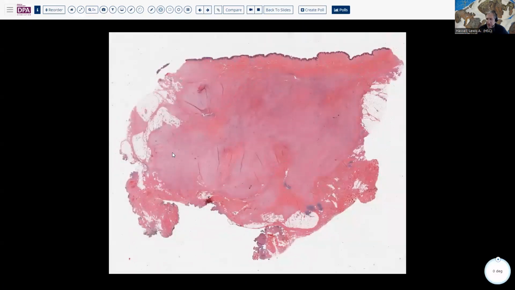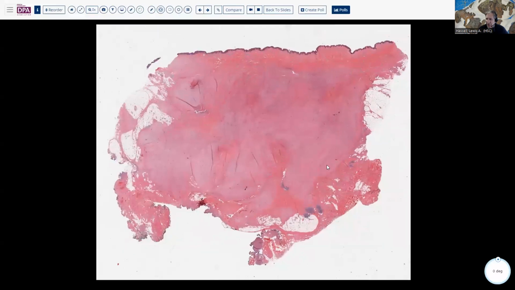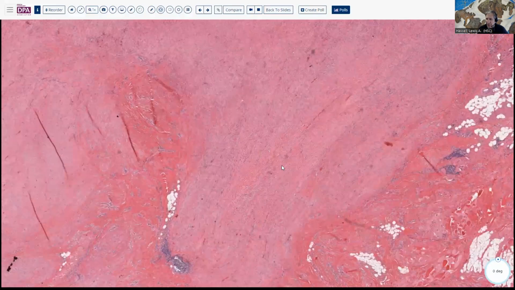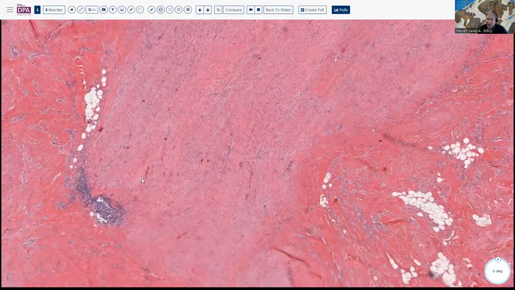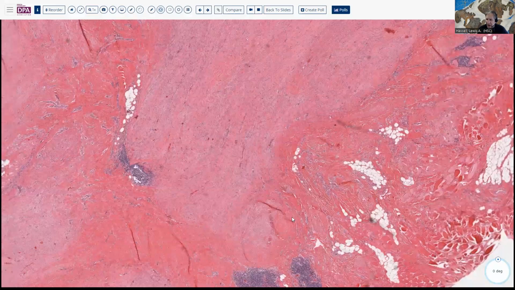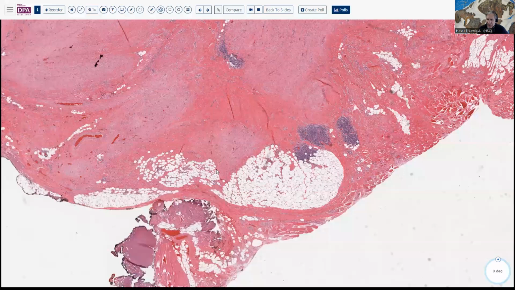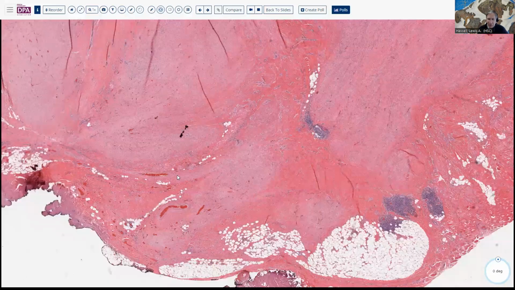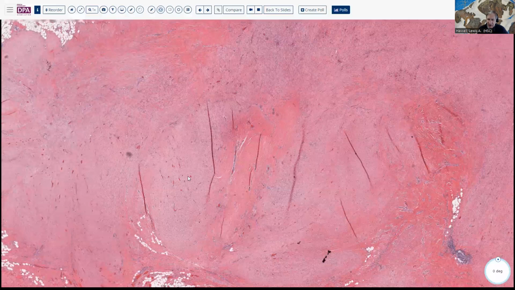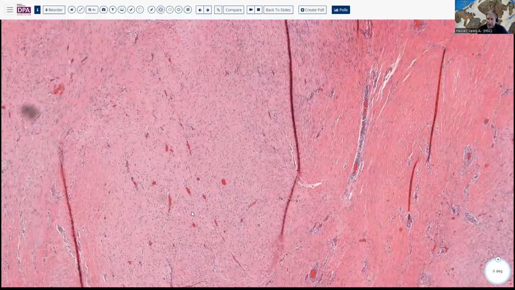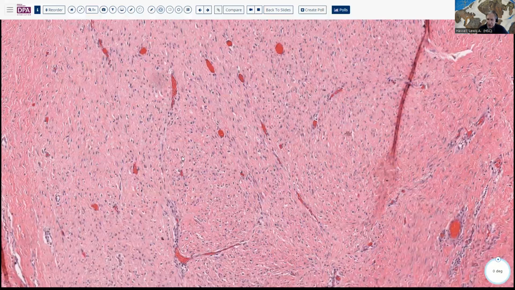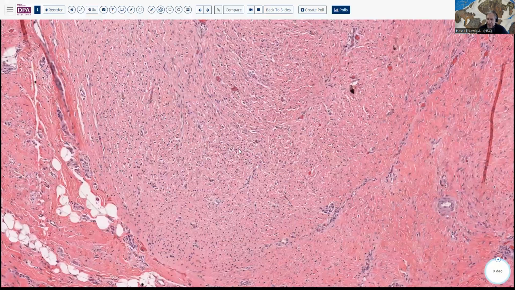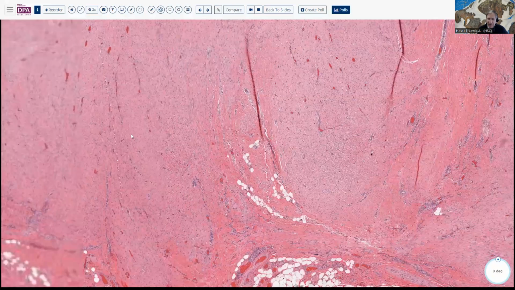Here's one in the subcutis, probably from the abdominal wall. And you can see this variable infiltrative pattern as it extends towards the deeper soft tissues. And as I mentioned, fortunately, you shouldn't see this type of specimen again, because this is kind of a historically valuable section to understand what's going on with these lesions.